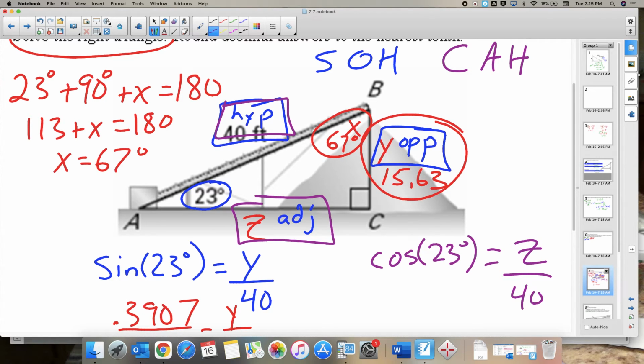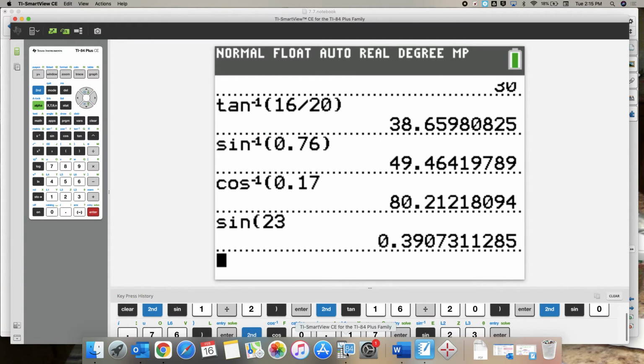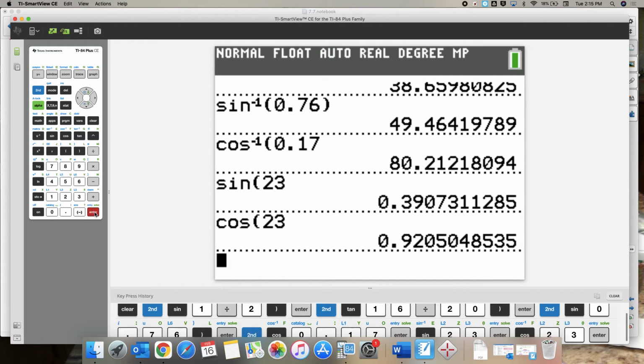Cosine of 23, once again, it is just a number. Cosine 23, it is 0.9205.